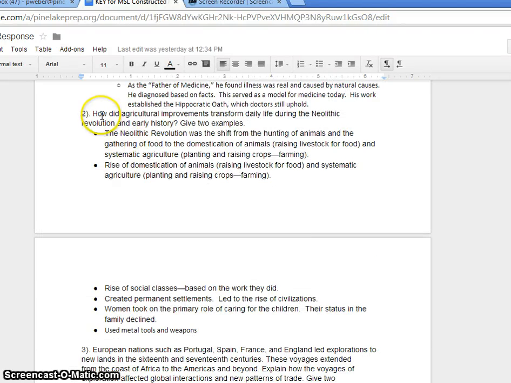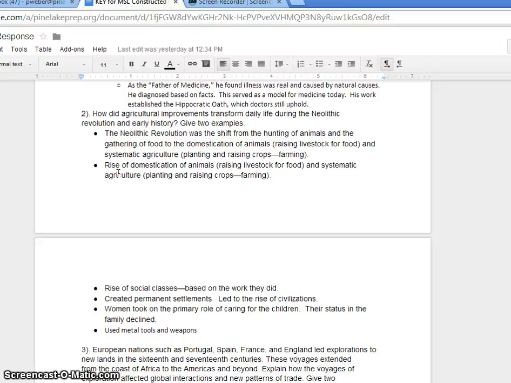Next, for number 2, how did agricultural improvements transform daily life during the Neolithic Revolution and early history? Give 2 examples. So first of all, to explain what the Neolithic Revolution is, previously in the Paleolithic era, people were hunters, men were the hunters, women were the gatherers.